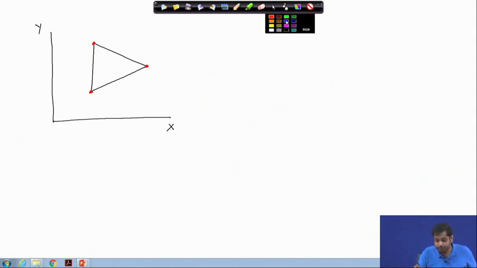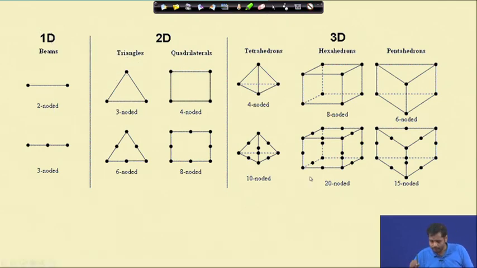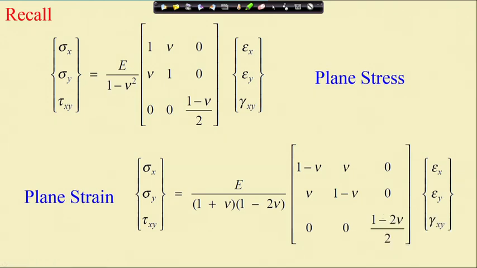Now, what are the degrees of freedom we have? We will come to that, but before that, let us discuss one important thing. If you recall, you have done it in a solid mechanics course and also in a strength of materials course. When we talk about a two-dimensional problem, it can have two idealizations: a plane stress problem and a plane strain problem.